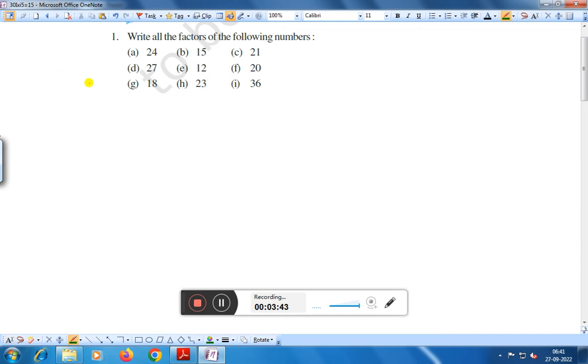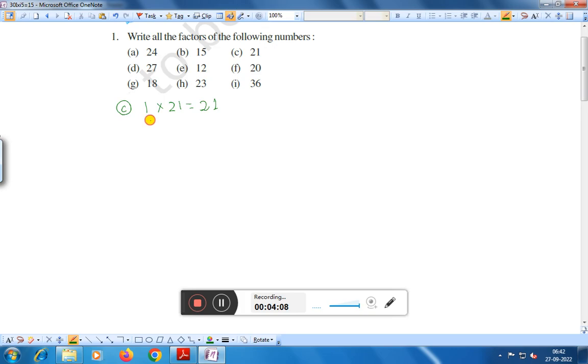Question number C. C is 21. We can write 1 into 21 is equal to 21. We cannot find the table with 2.